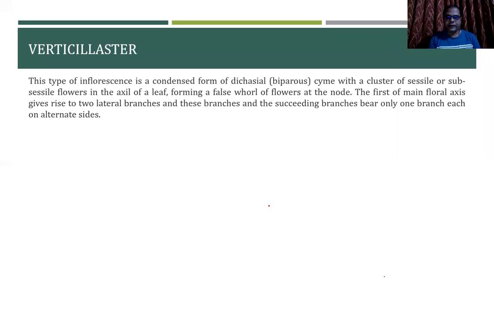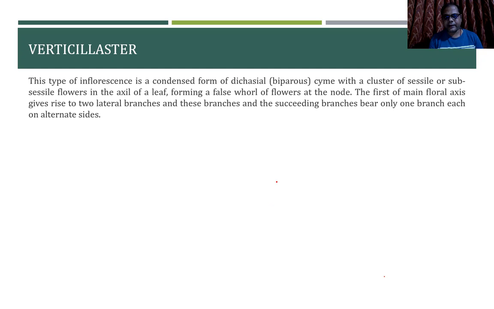What is happening in case of verticillaster is that in the cyme inflorescence, the inflorescence is initially a dichasial cyme, that is the biparous cyme, and then it gets converted into a single, monochasial kind of inflorescence.